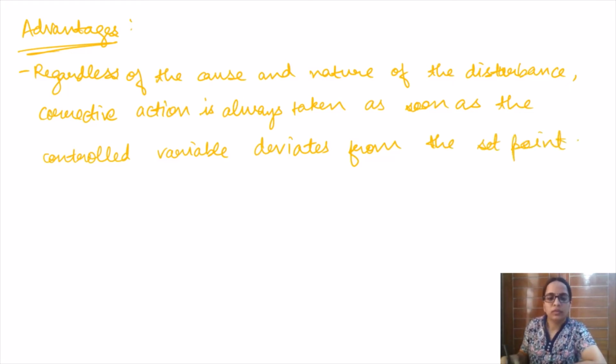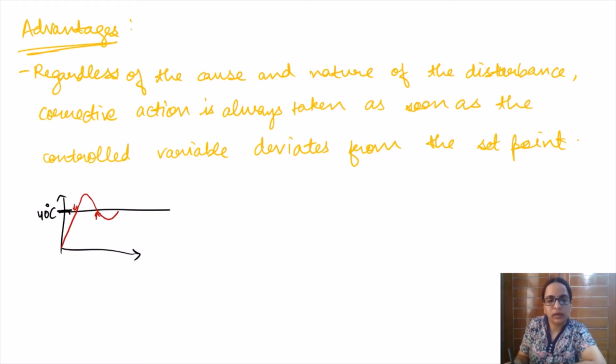So if this is the value that you have set, say you want 40 degrees Celsius, then as soon as your temperature reaches above 40, the control will start decreasing. When it has gone down, it will start increasing.